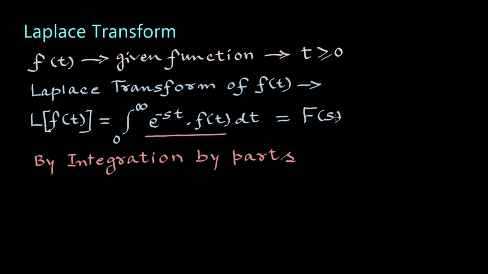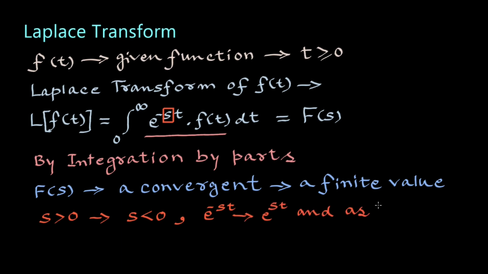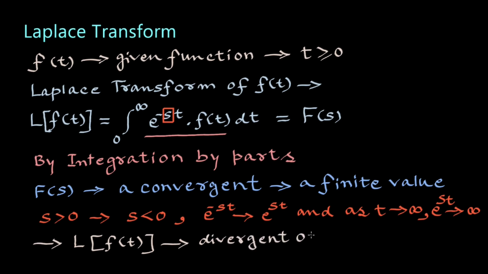of s, capital F(s). For capital F(s) to be a convergent value or a finite value, this s should be necessarily positive, because for negative values of s, e raised to minus st will be e raised to st, and as t tends to infinity, e raised to st will tend to infinity, and Laplace transform L{f(t)} will be divergent or infinite.